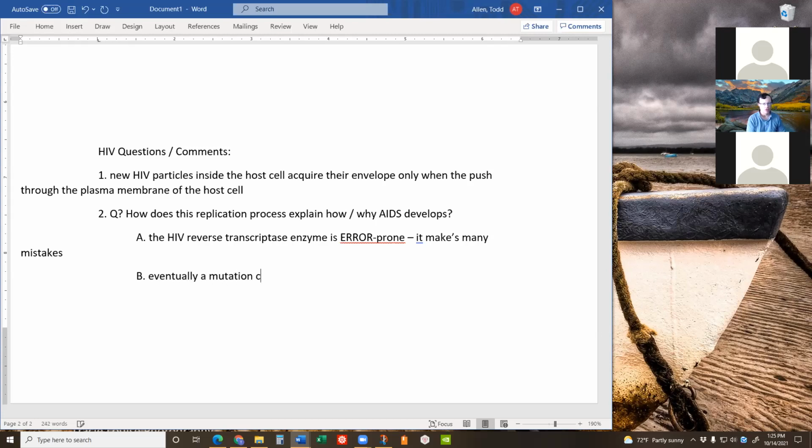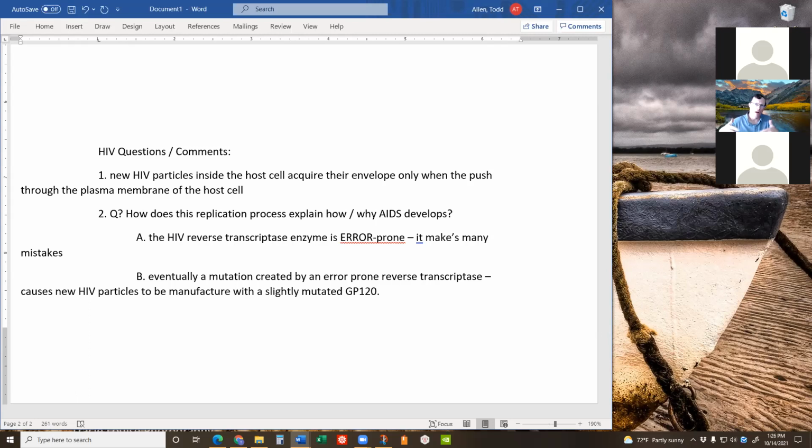Eventually, a mutation created by an error-prone reverse transcriptase enzyme causes new HIV particles to be manufactured with a slightly mutated GP120 glycoprotein. Okay, so maybe you can see now where I'm heading.